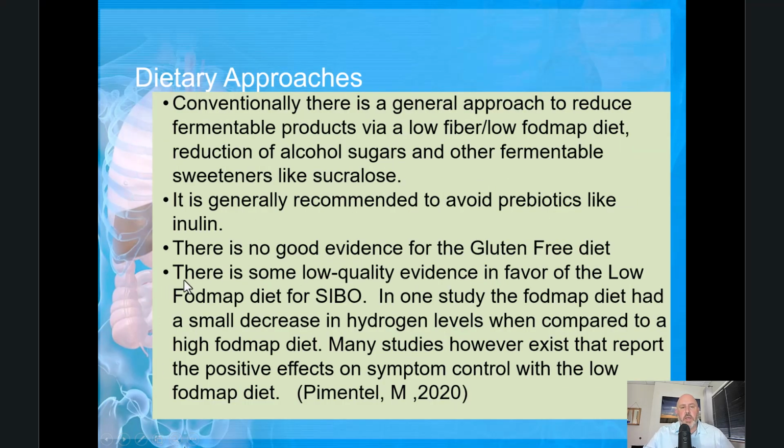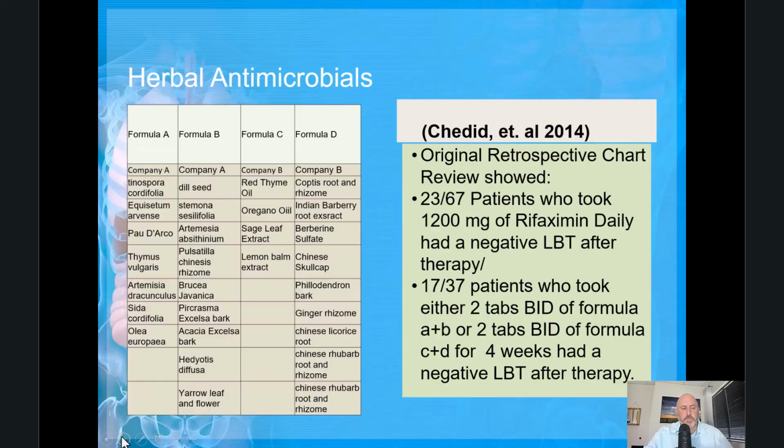Otherwise, most people use diet as a complement to treatment, including the low FODMAP diet or the low fermentation diet. These are the most common diets that help reduce symptoms of SIBO and may help with overall success in treating SIBO.